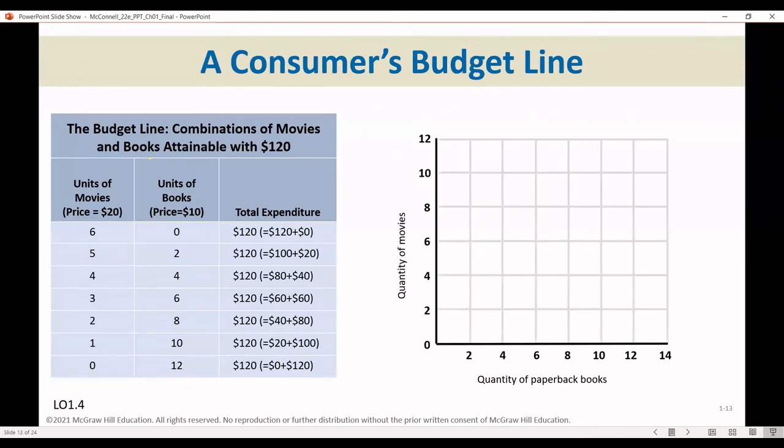So if you look at the schedule I have here and the graph, let's say in this schedule our budget is 120. And in this particular economy, we have only two goods, movies and books, right? So you have different alternatives here. With the budget you have, you decide to buy 6 movies, so you have no money left.